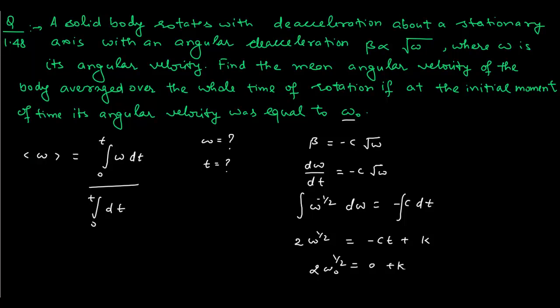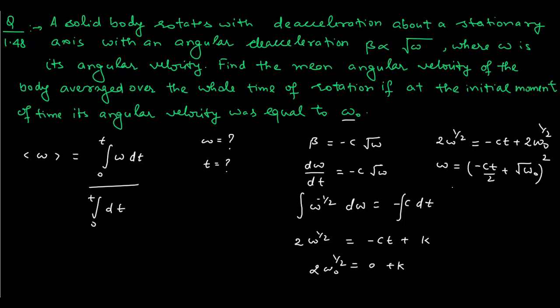Now substituting this value of k here, I will get 2 omega raised to the power 1 by 2 is equal to minus ct plus 2 omega naught raised to the power 1 by 2, or from here I can write omega equal to minus ct by 2 plus under root omega naught, whole squared. So we get this function of omega in terms of t.